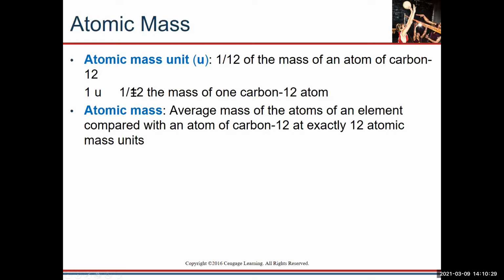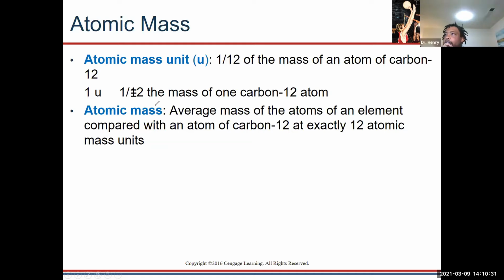Okay, let me put it in another way, in a figure. So if we had carbon-12, carbon-13, and carbon-14. I'm just going to put that 6 here.